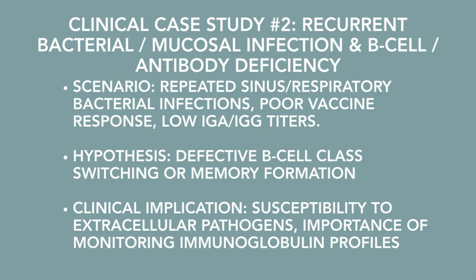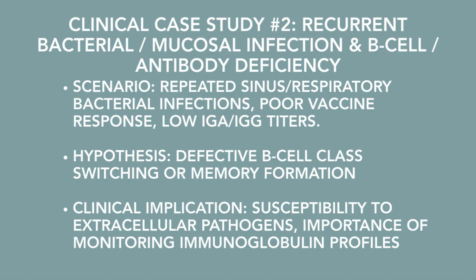As Levinson explained in our text, these patients can produce IgM but cannot switch to the more specialized antibodies needed for mucosal defense and long term immunity. This case demonstrates how critical B cells and antibodies are for protection against extracellular pathogens.